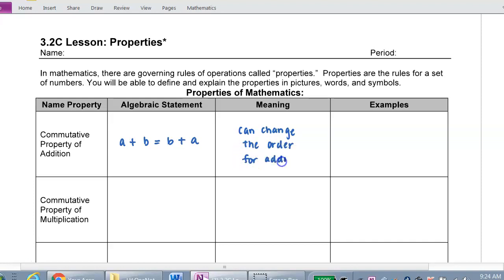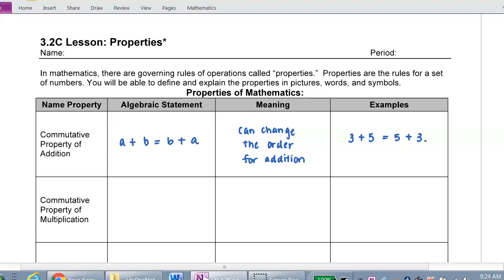And when we change the order of the terms that we're adding, it does not affect the sum. An example, just to keep things short and sweet, would be 3 plus 5 is equal to 5 plus 3. And if I simplify both sides of the equation, I get 8, proving that it doesn't matter what order the terms are in, I get the same sum.